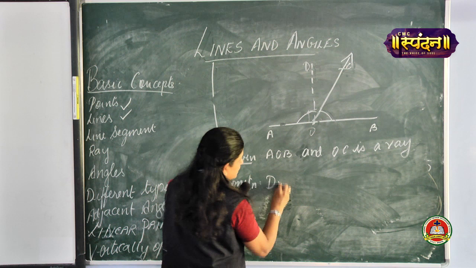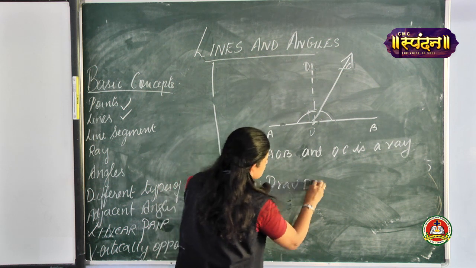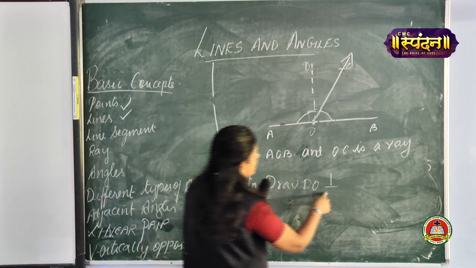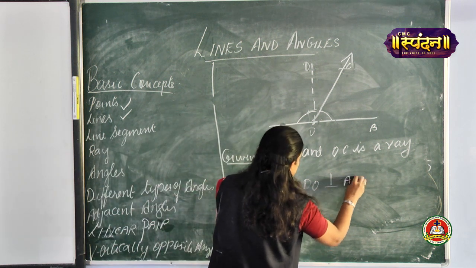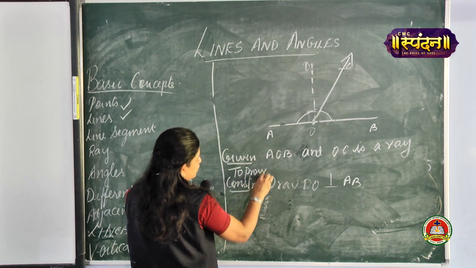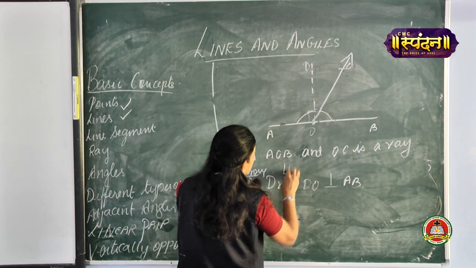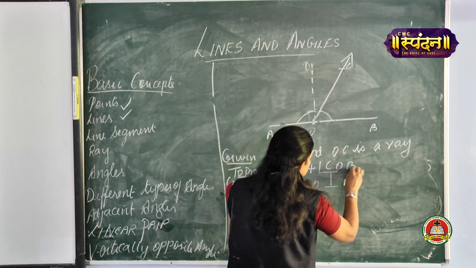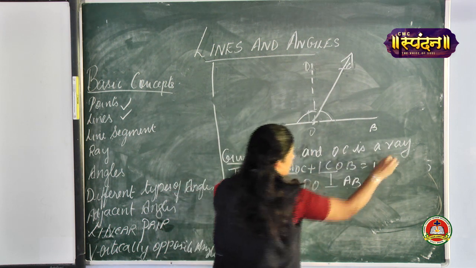Draw DO, this is the symbol for perpendicular. Draw DO perpendicular to AB. To prove, you will be writing angle AOC plus angle COB is equal to 180 degree.